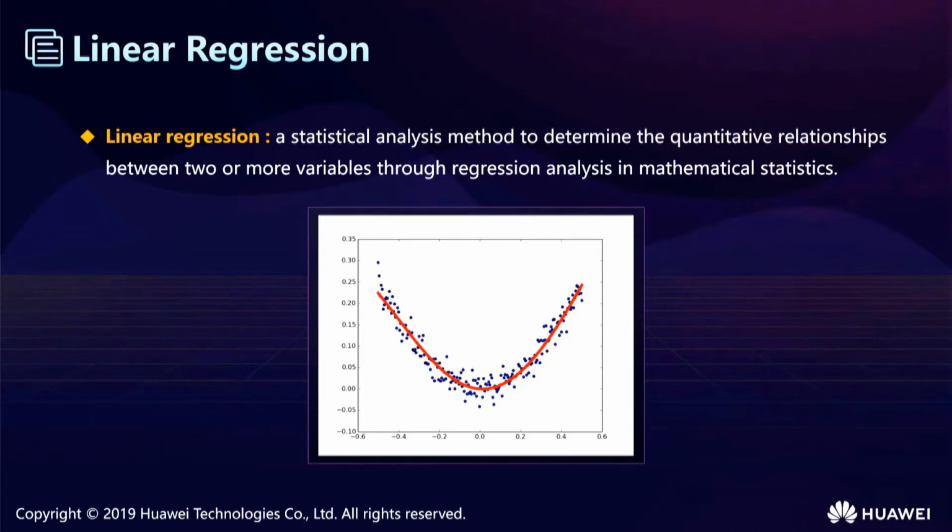We can use this formula: y is equal to wx plus b, where b is the bias and w is the weight. The w and x are vectors. We use this formula to produce a line that fits our data, and then predict the trend of the weather or the price of the house.